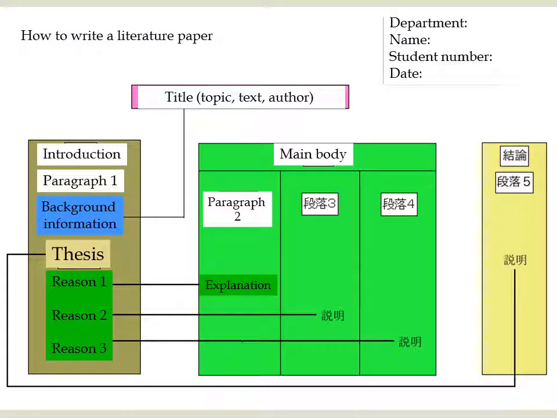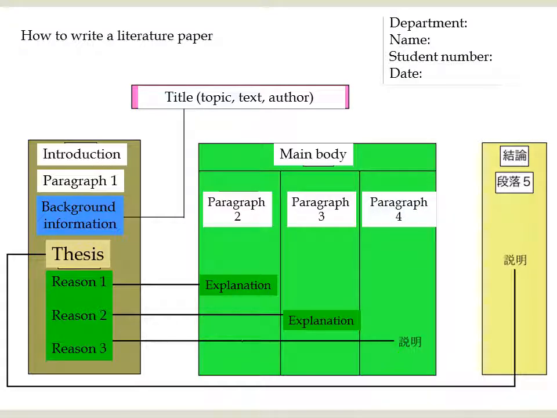So you give all the background, the different information, all the details, with the research references and everything that will explain why you think that reason helps towards your thesis. And then of course in the next paragraph you explain the next reason in detail. Okay? And in the fourth paragraph, you explain the third reason.